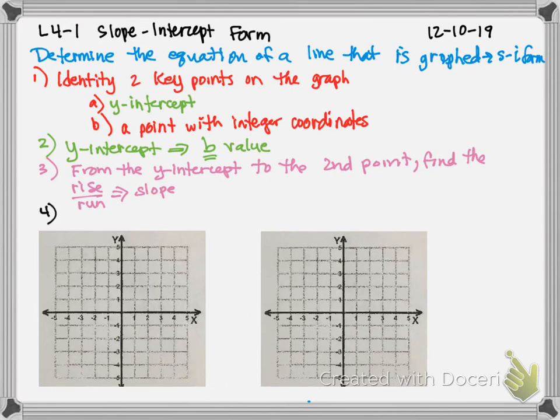And the last is to substitute the b and the m into the slope-intercept form.